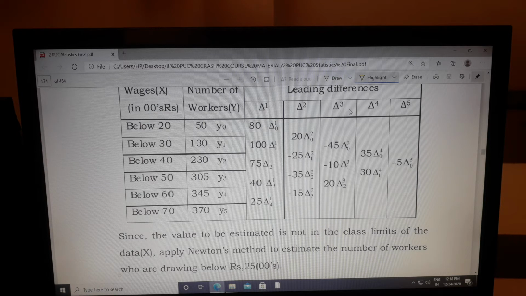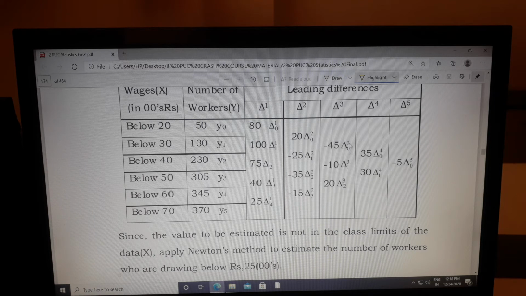And for delta 3, again the leading difference: minus 25 minus 20, that means minus 45. Here minus 35 minus of minus 25, so plus 25, that's why minus 35 plus 25 is minus 10. And then minus 15 minus of minus 35, plus 35, so minus 15 plus 35 is plus 20.